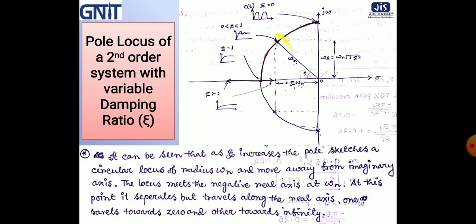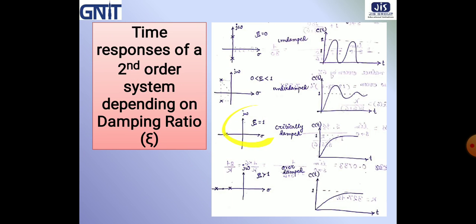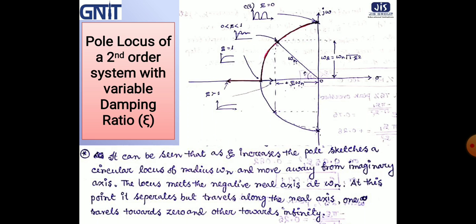These two poles are for zeta between 0 and 1. And if zeta is equal to 1, there is only one pole in the negative real axis, that is here.